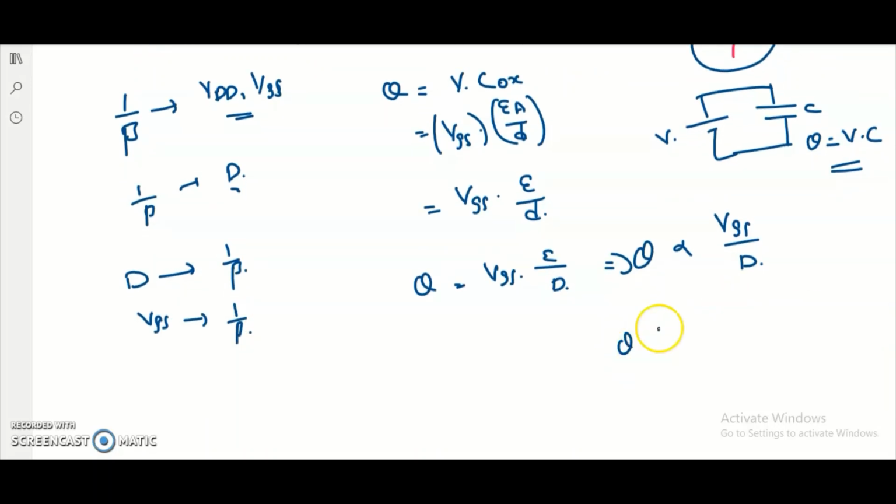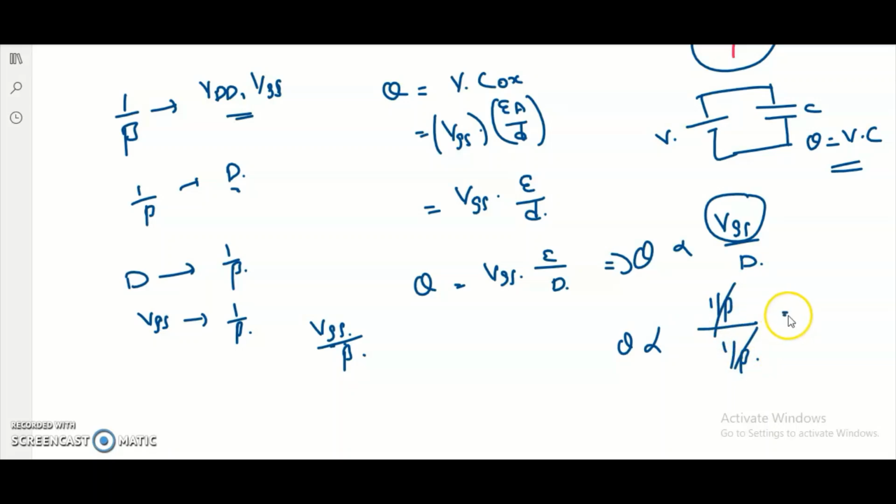So now Q is equal to, in the place of VGS, I am substituting 1 by beta, and in the place of D also I am substituting 1 by beta. After scaling, VGS becomes VGS by beta, but you can simply take, in the place of VGS, 1 by beta, and the thickness is also scaled by 1 divided by beta.